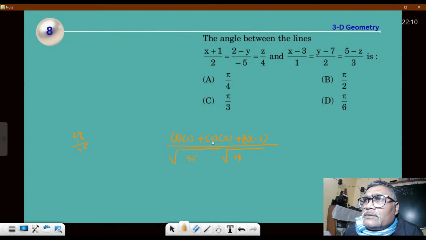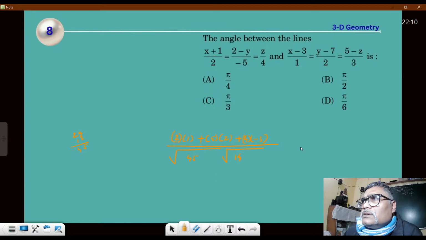Then 25, 25 plus 16... what did I do wrong? 25 plus 16, 25 plus 4 is 29. Okay, 25 plus 16, right, 45.